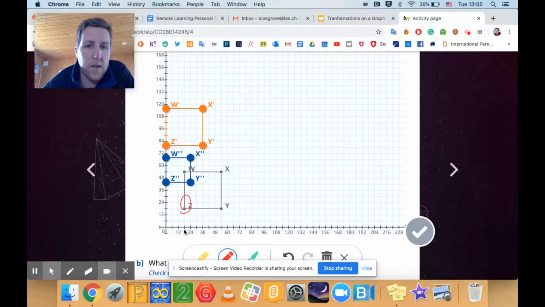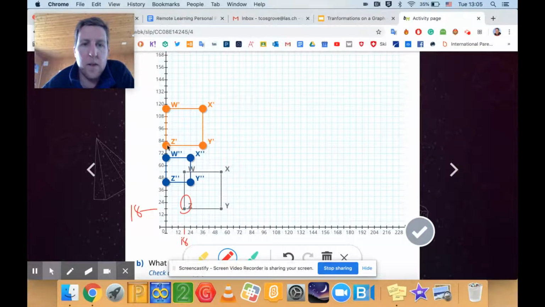It's at 18 and 18. Okay. And I'm just going to write that down. Okay, so that's 18 there and 18 over here. Doesn't really like the drawing part. Okay, so this coordinate is at 18 and 18.